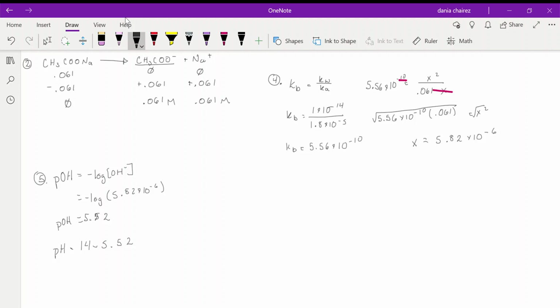So negative log of 5.82 times 10 to the negative 6. Yeah, okay, this makes more sense: 5.24. So then you do 14 minus that number, and you should get your pH to be 8.76.